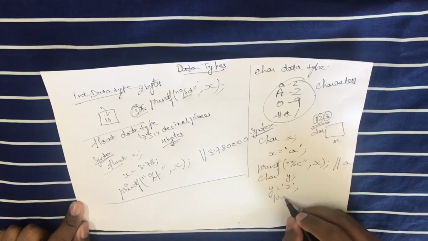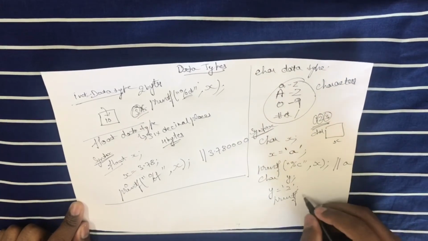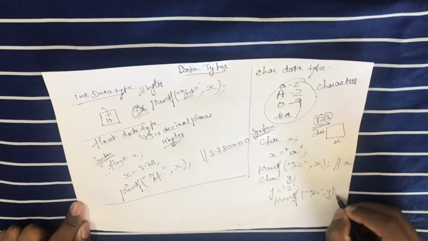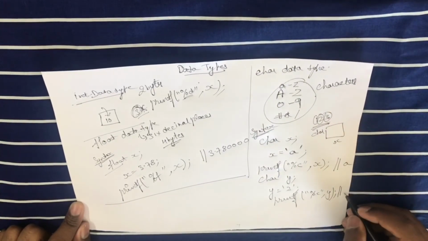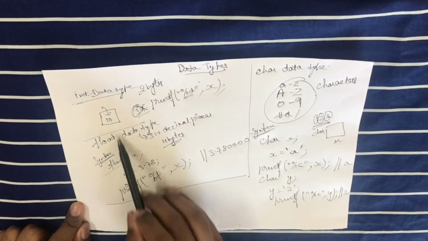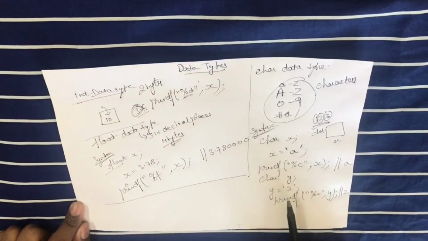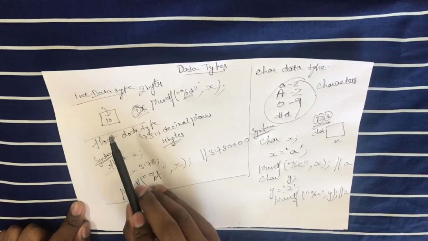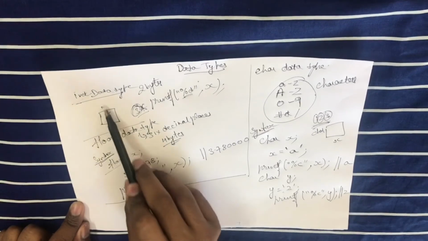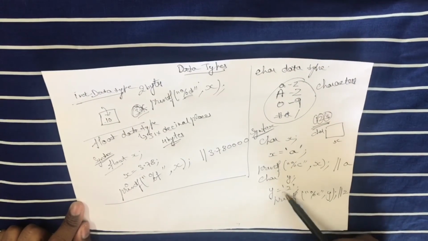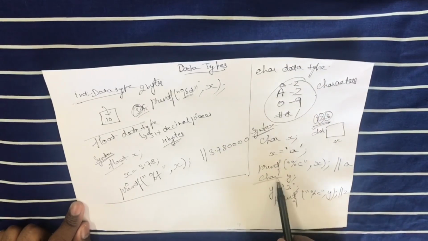Same for printing, we have to use printf. So what is the difference between this data and this data? It is that we can do mathematical operations on this data because it is an int data type, and we cannot do mathematical operations on this data because this is character data. It's just a symbol.